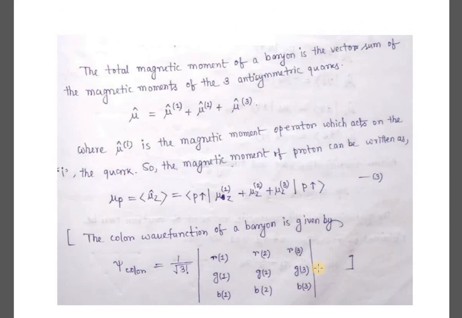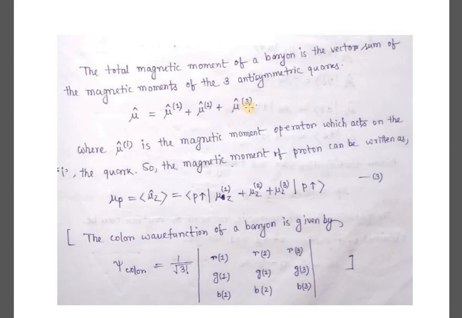Fine. And the corresponding expressions for the spin down quarks can be calculated in a similar fashion, and these are the results. Now, the total magnetic moment of a baryon, which consists of 3 quarks, right, is the vector sum of the magnetic moments of the 3 antisymmetric quarks, right?